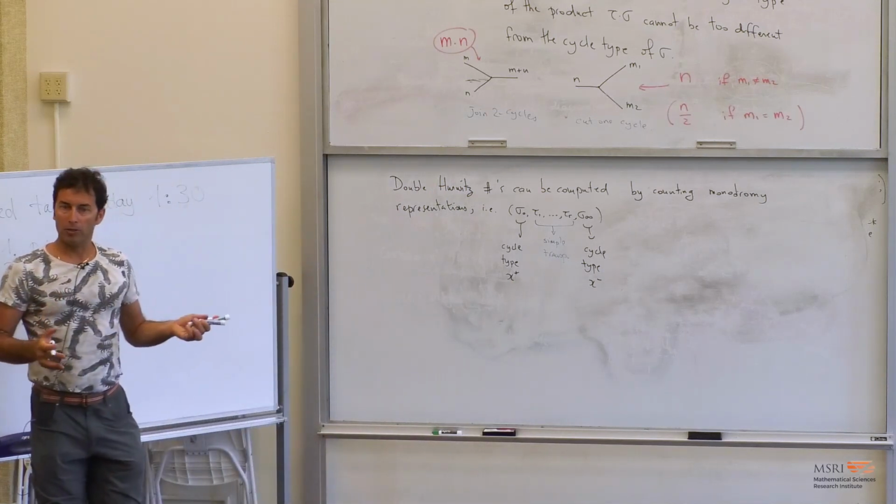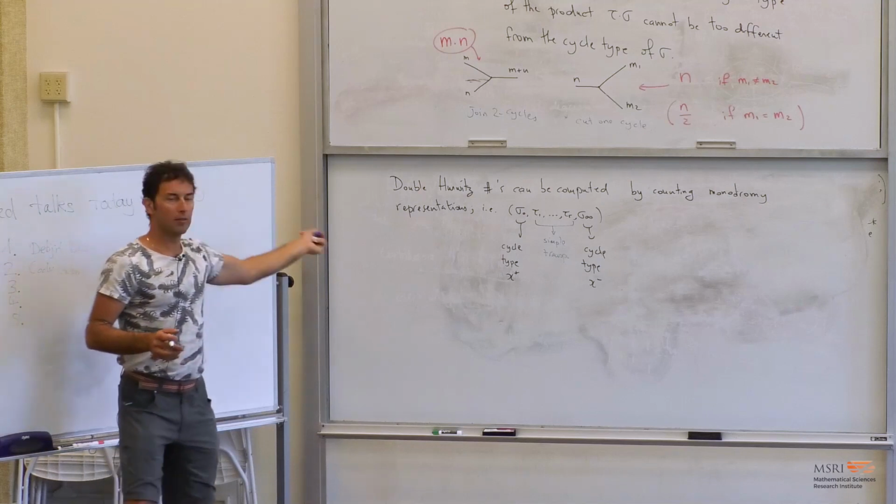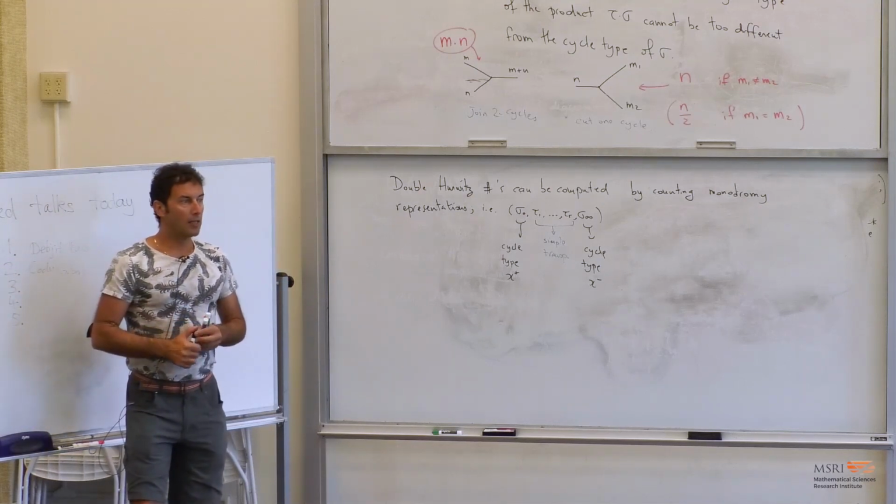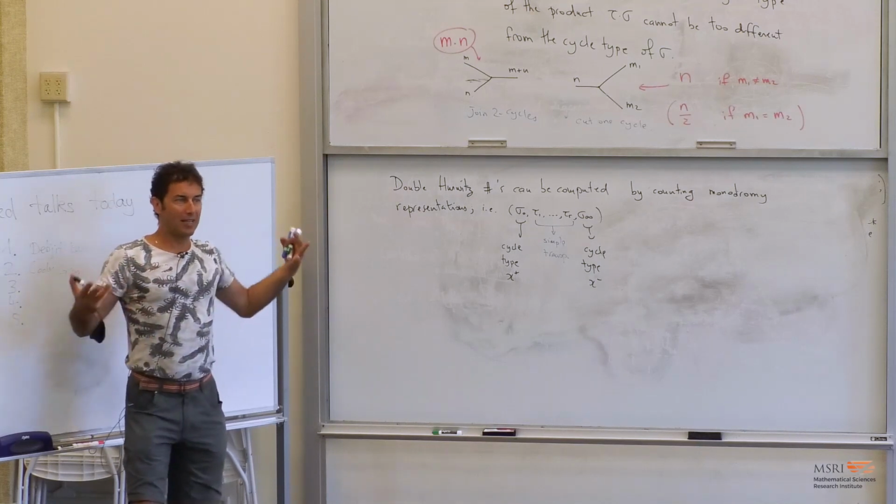And we really want to count all possible ways of choosing this data. Okay? And so, again, this is a big, nasty count.